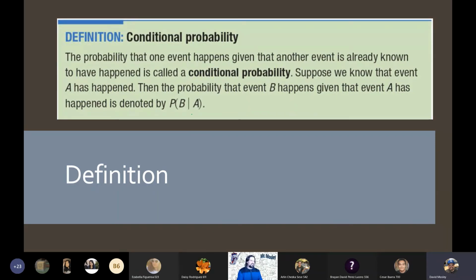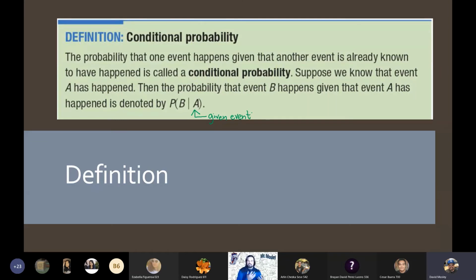The second thing written to the right of that bar is the given event. That's the thing that we know already occurred.